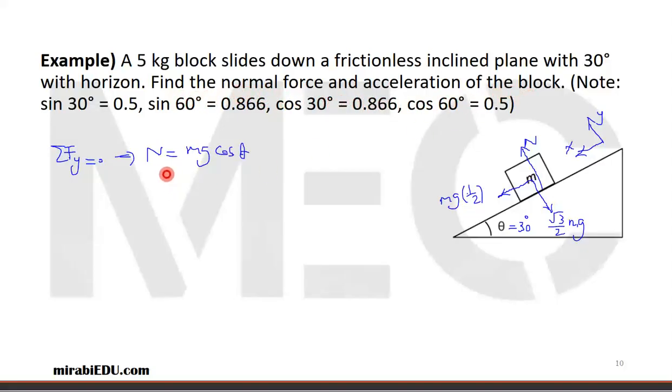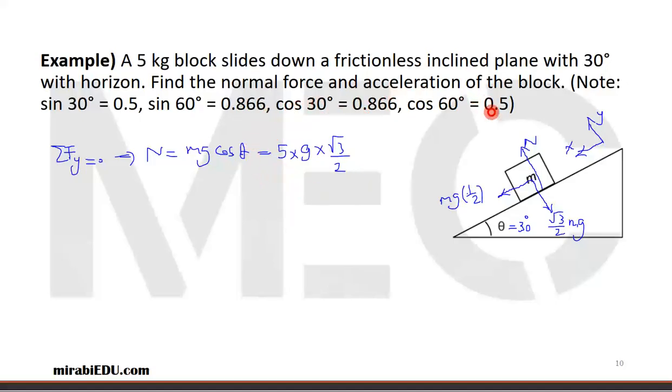Okay, so normal force is 5 times g times radical 3 over 2. This is the normal force. The question hasn't said to take g as 10. Maybe it's 9.8 or 9.81, whatever. It's the final answer for normal force.